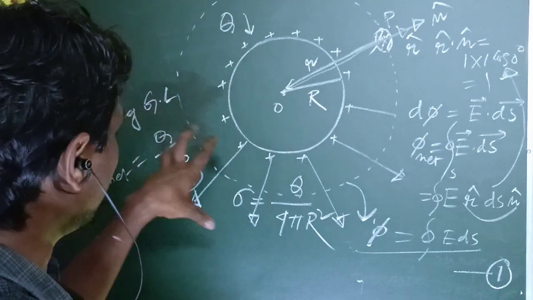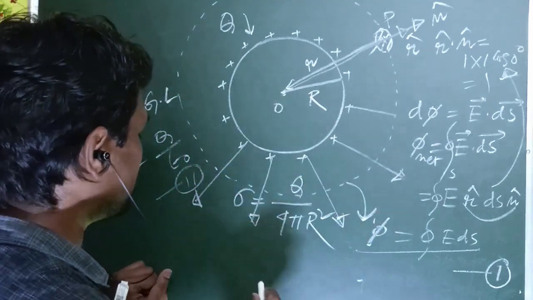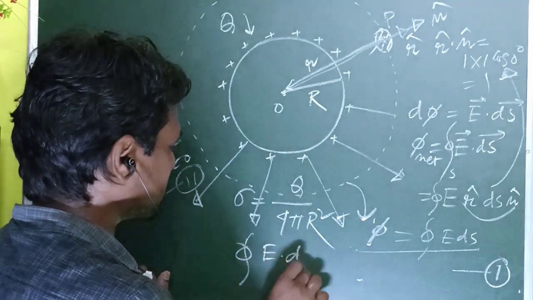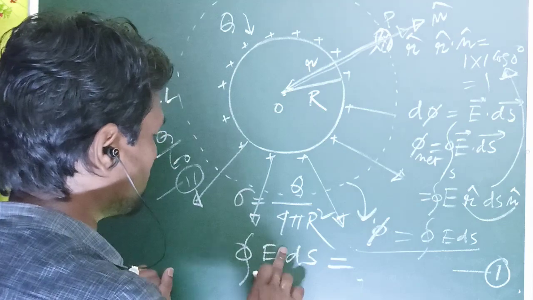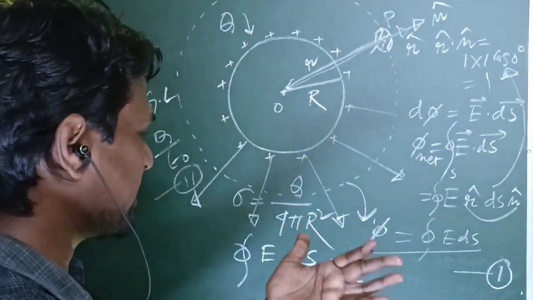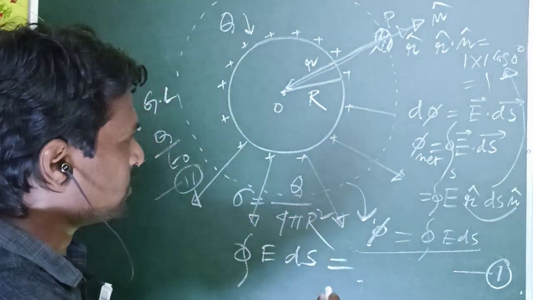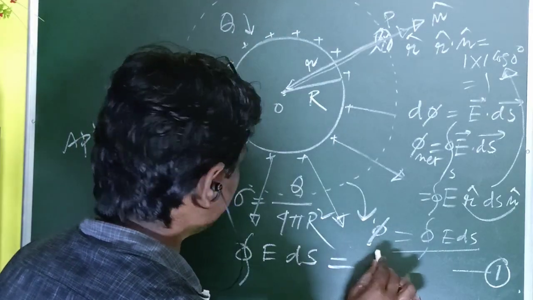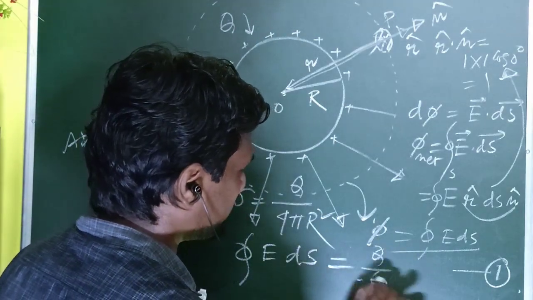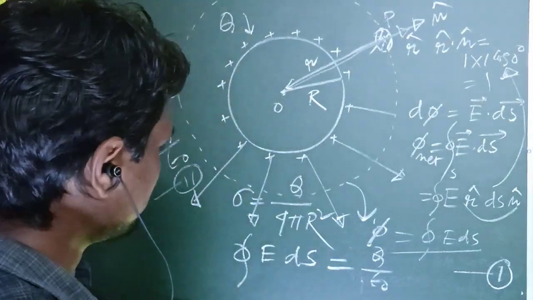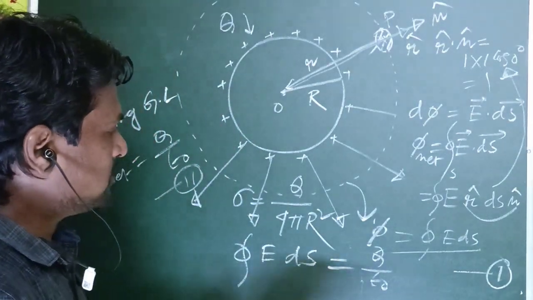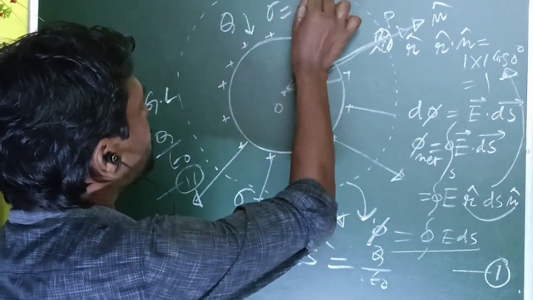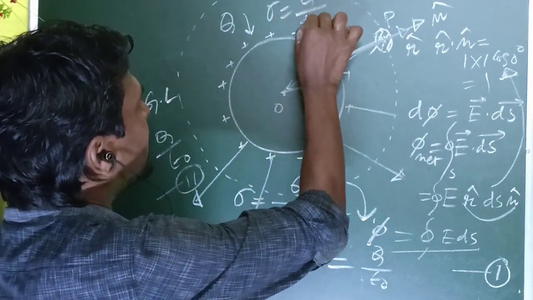So we can equate these two, and we get the closed integration of E dot ds equal to E into ds, since n cap dot r cap equals 1, so E ds equals Q by epsilon naught. So you can write sigma equals Q by 4 pi r square.